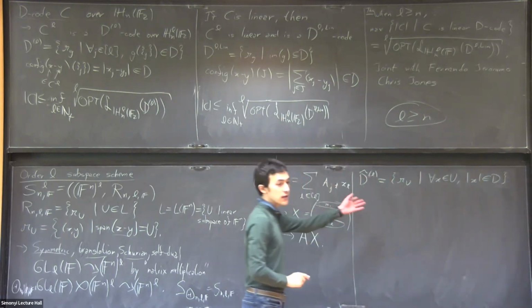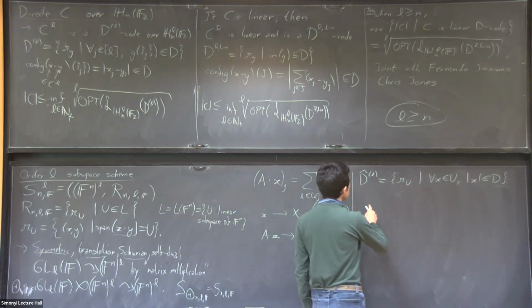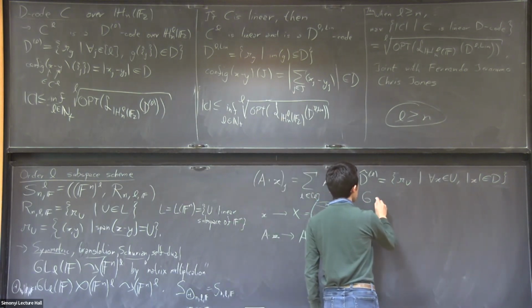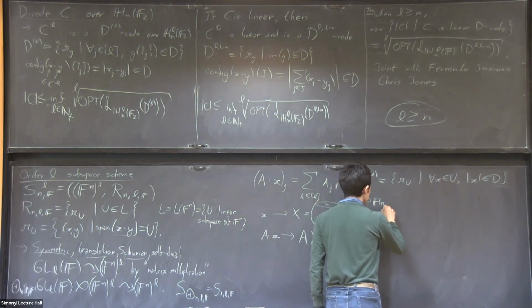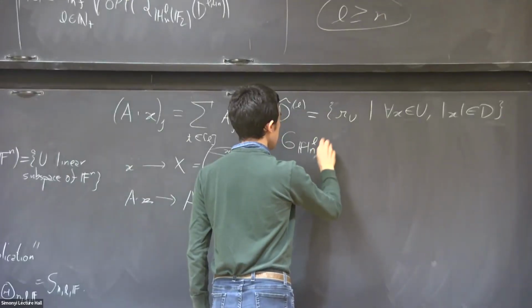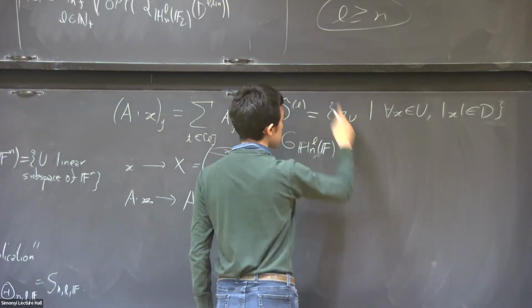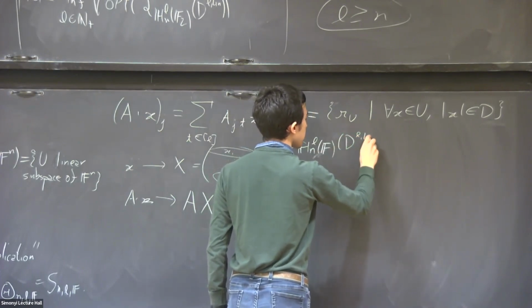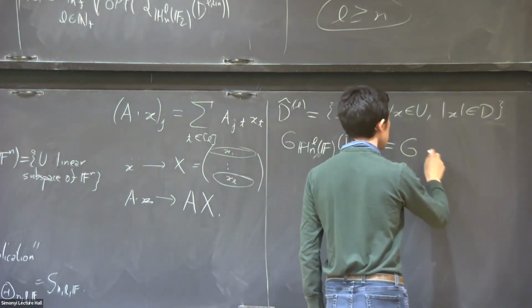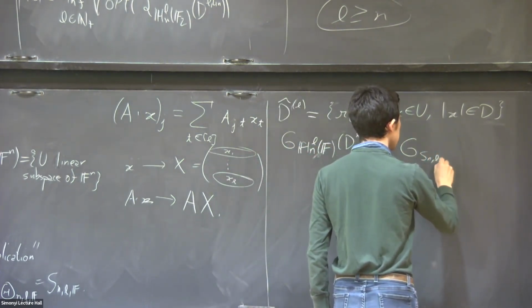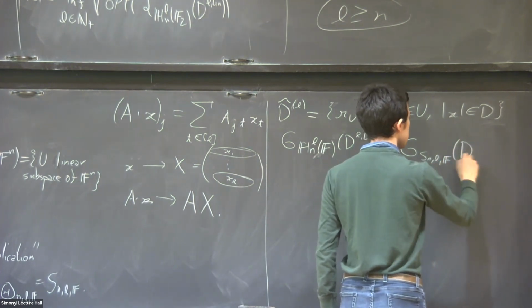Right, so I can just define this, and it's very easy to see that if you look at the graph corresponding to that D_L in the Hamming scheme, this is exactly the same graph as if you look at this scheme corresponding to this D hat.